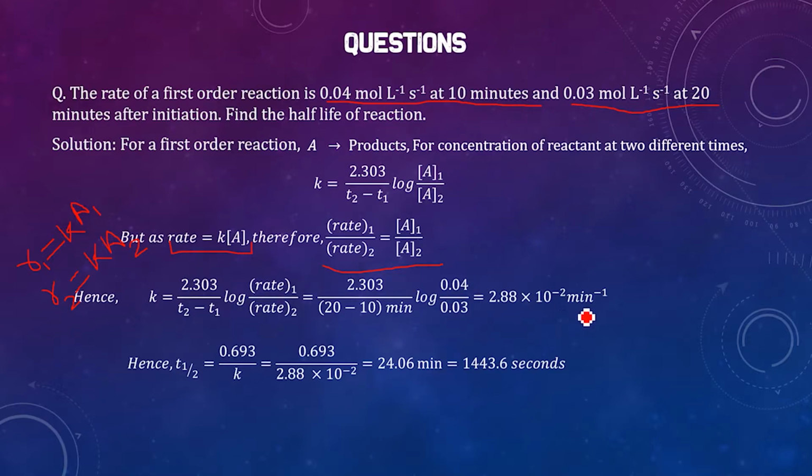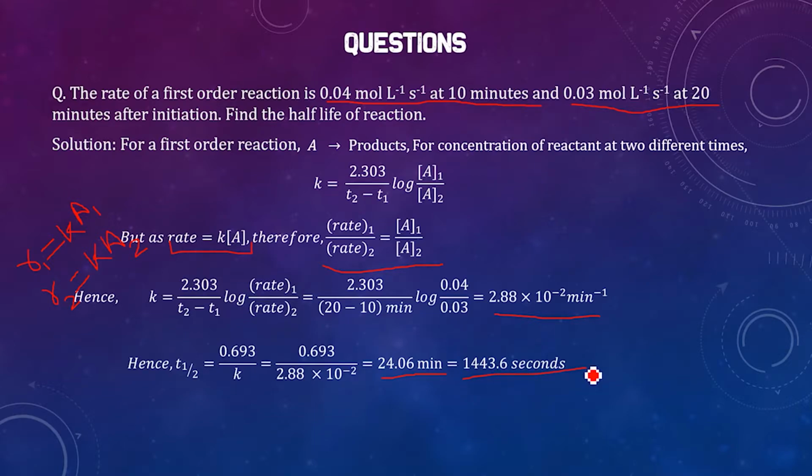Got it? Once you get the K value, you can find the T half very easily by using the formula 0.693 upon K. So put this value and calculate. This is in minutes. You can leave it in minutes only. There is no issue because it is not written that you have to convert it into seconds. But I have converted. There is no problem at all.